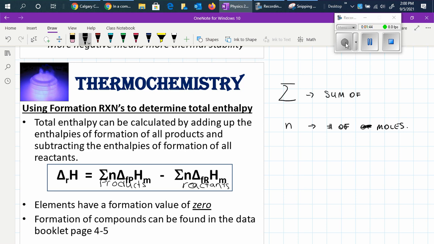The change of enthalpy in standard conditions is the standard molar enthalpy of formation.